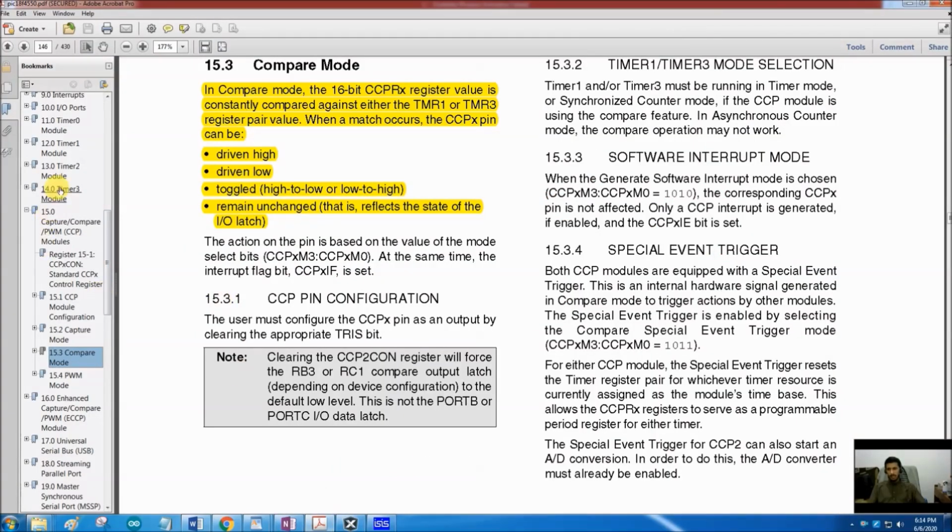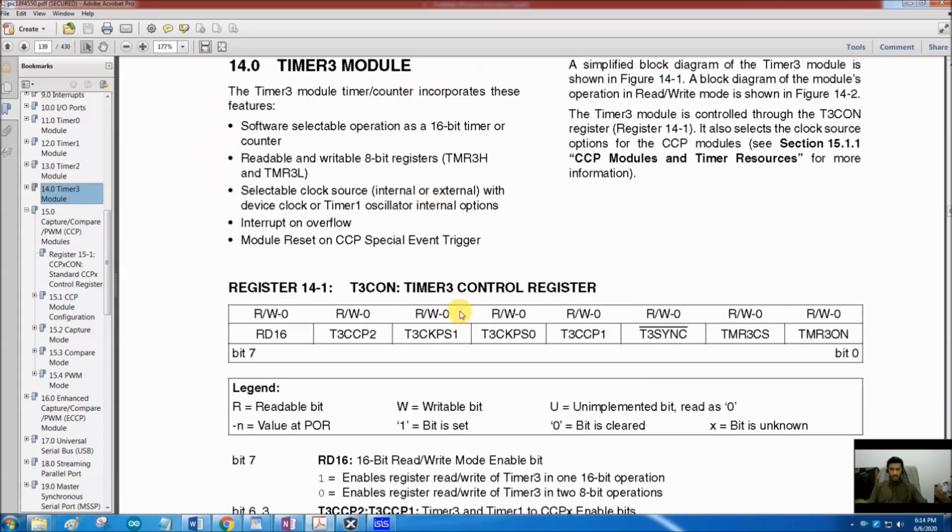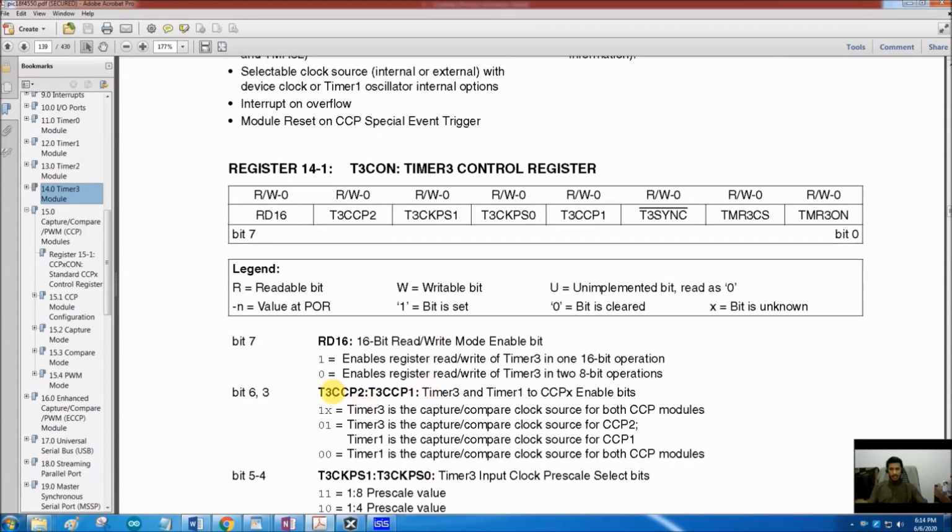Let me show you the data sheet, and let's go back to the Timer 3 module. Here you can see that these two bits, bit number 3 and bit number 6, the T3CCP2 and T3CCP1 that we skipped in the previous lecture, decide whether Timer 1 is used for both CCP1 and CCP2, Timer 3 is used for both of them, or Timer 1 is used for CCP1 and Timer 3 is used for CCP2.